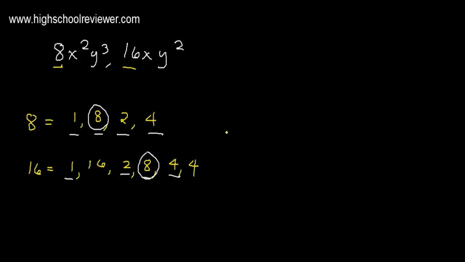Let us now find the greatest common factor of x squared and x. Okay, so x, it is understood that the exponent is 1. Now the greatest common factor will be the one with the lowest exponent. So x raised to 1, or x here, is our greatest common factor. How about for y raised to the power of 3 and y raised to the power of 2?